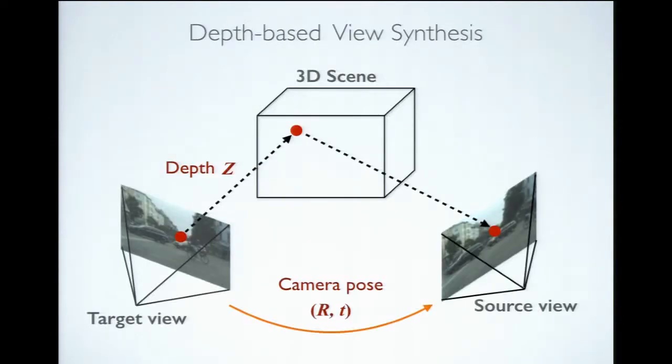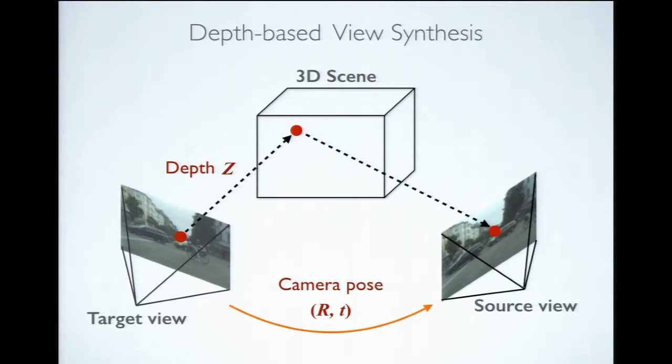Our approach is similarly based on the idea of using a meta task of depth-based view synthesis as supervision. Recall that in order to perform depth-based view synthesis, we need two sets of quantities. One, the per pixel depth from the target view, and two, the relative camera pose between the target view and the source view.